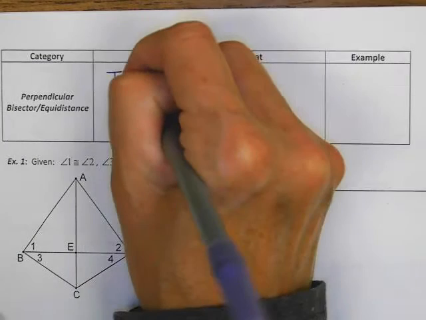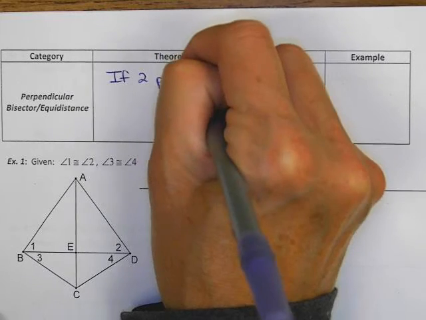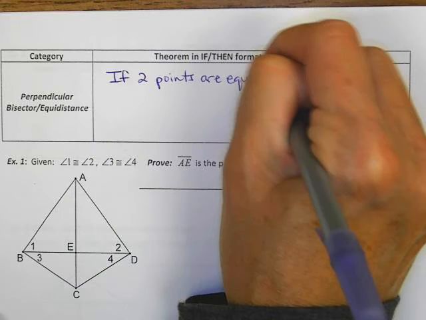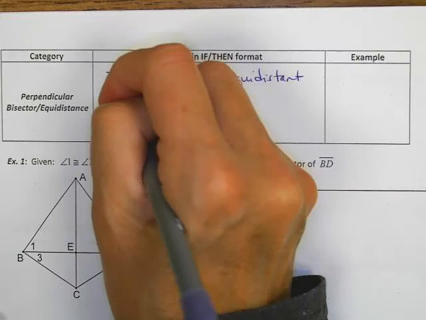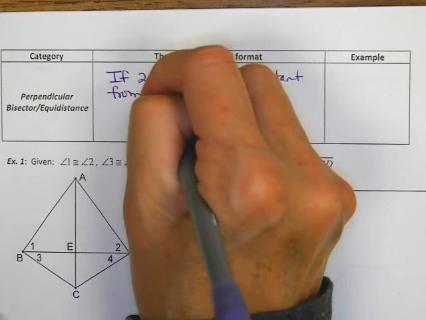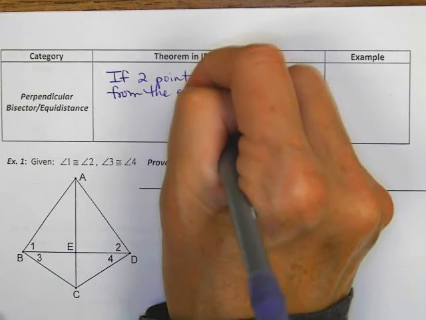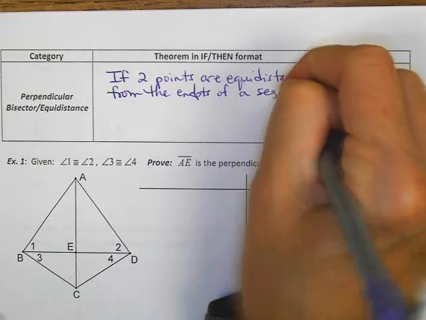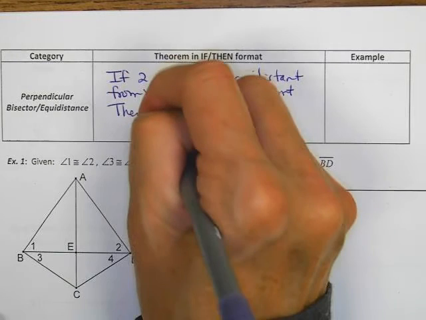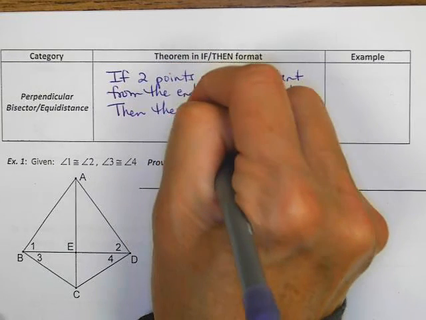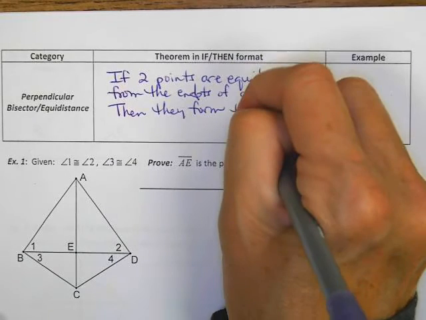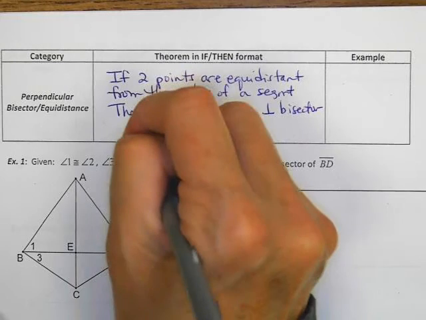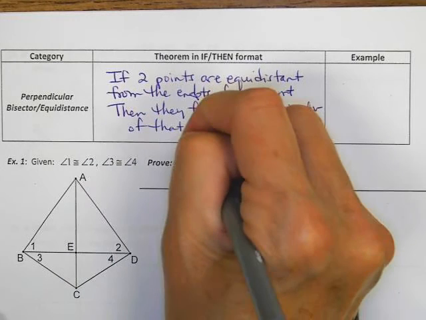If two points are equidistant from the endpoints of a segment, then they form the perpendicular bisector of that segment.